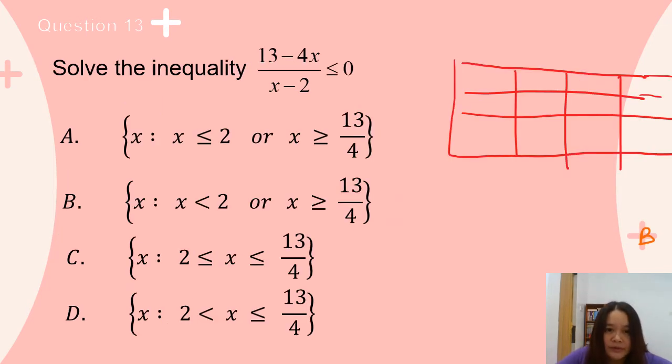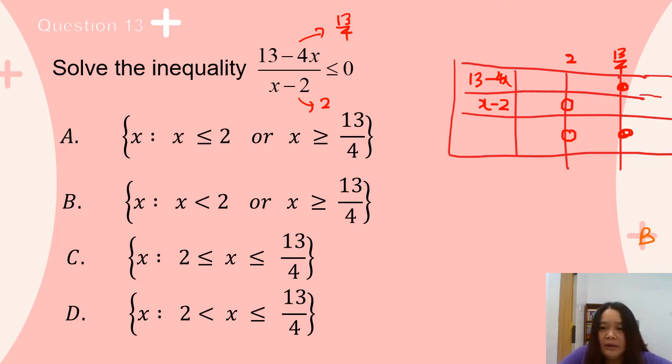Okay, so question 13 is the rational inequality. So first of all, for this case, we know that the zero is 13 over 4. And for the denominator, the other zero will be 2. And this one we have to use the sign table. So you put the linear factors 13 minus 4x, x minus 2. And you will have the 2 and 13 over 4. Since you have the equal sign here, this one is the filled circle. x minus 2 is the denominator, so you have the empty circle here.